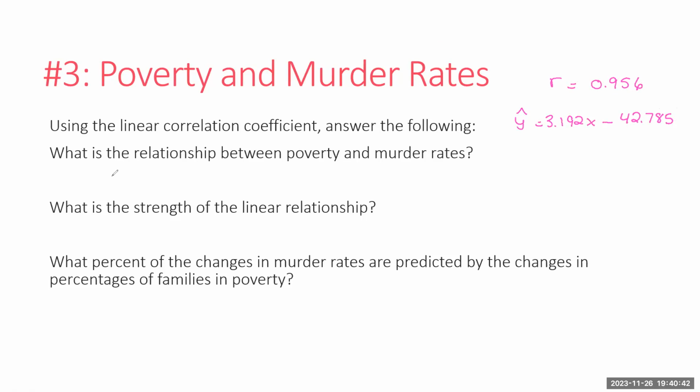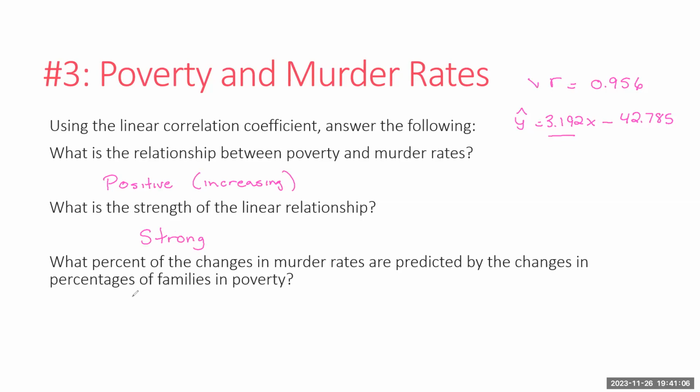So what is our linear relationship? Well, I see that we have a positive slope. So it is a positive relationship. Means it's increasing. Strength of relationship, we would say it's strong because our correlation coefficient is really good.